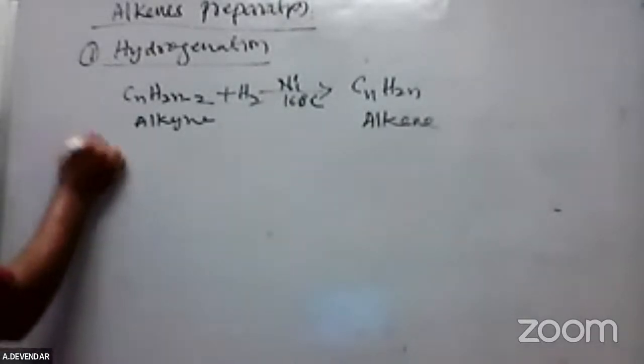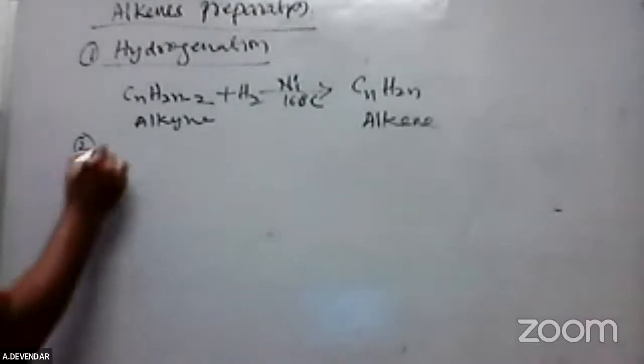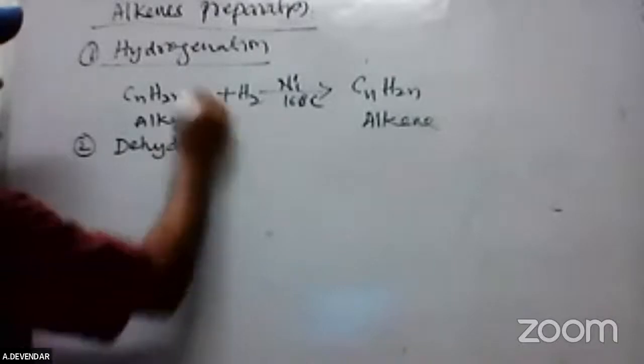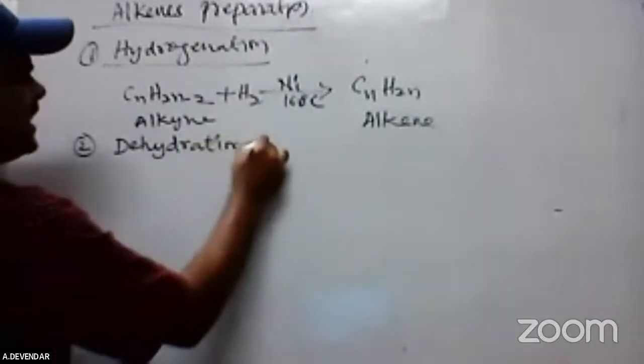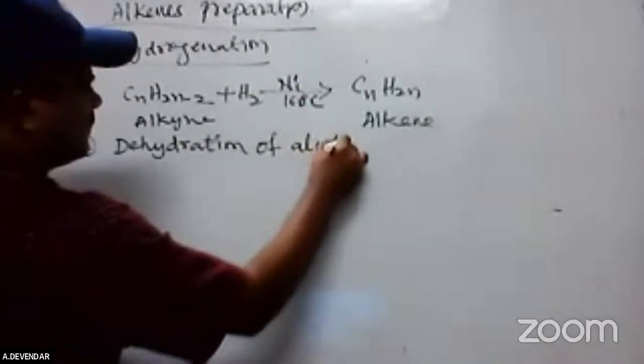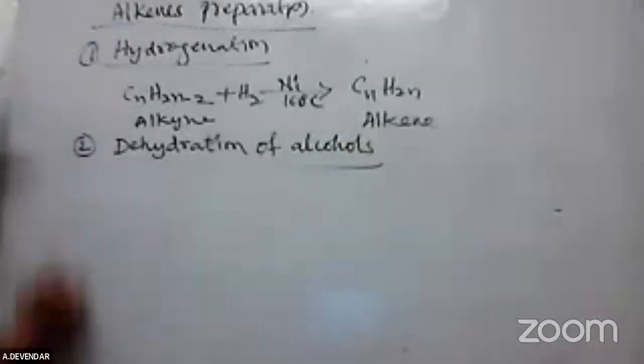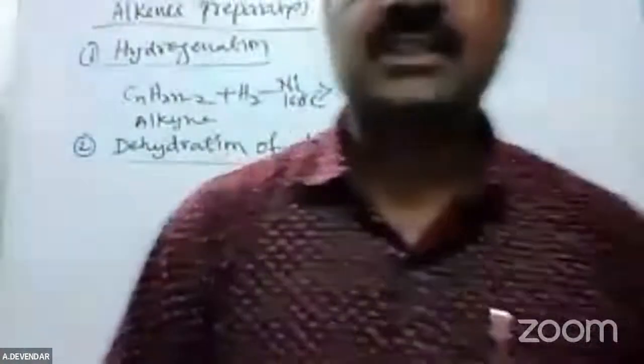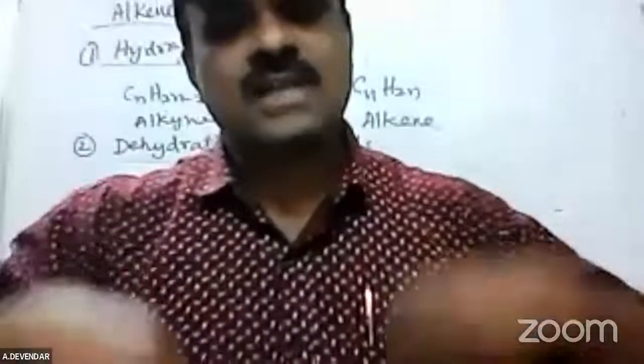The second method is the dehydration of alcohols. Please remember this is a general one. What does dehydration mean? Generally, dehydration means water molecules are totally exhausted from the body. Why?